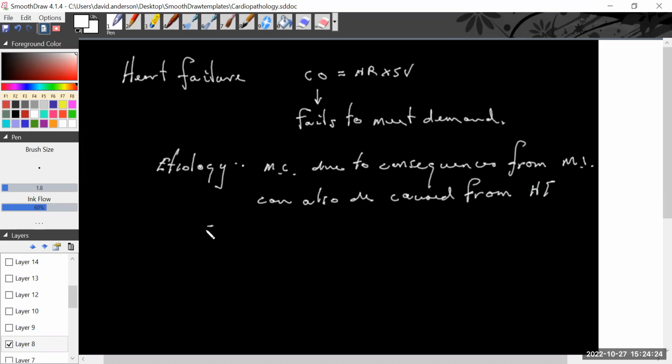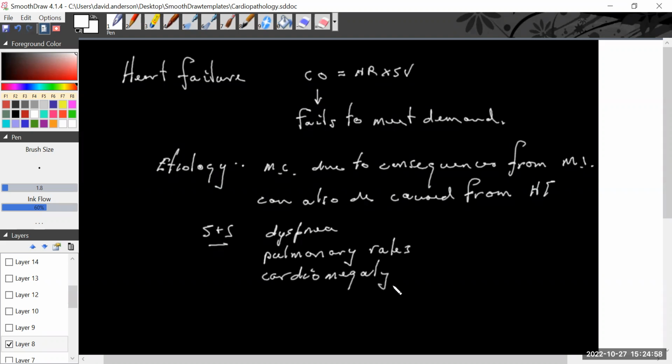So in heart failure, the signs and the symptoms, because by definition, this is chronic, we're not going to see the same sort of acute presentation we saw in the myocardial infarction. We see dyspnea, which is a general term for difficulty with breathing. We may hear pulmonary rales, which indicates pulmonary congestion, fluid buildup in the lungs. The heart may be enlarged.